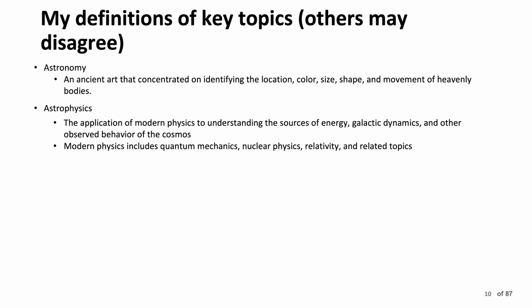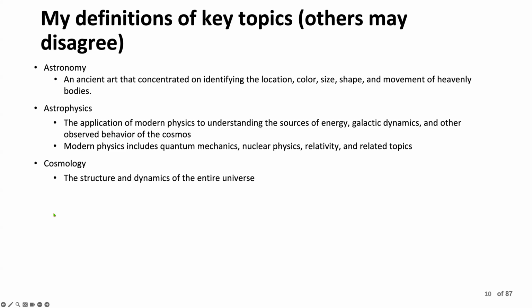Nuclear physics also had to be discovered and explained to deal with the physics of what goes on in stars and galaxies. Einstein's theory of relativity, which appears right here, is critical to understanding cosmology. And cosmology is the structure and dynamics of the entire universe.